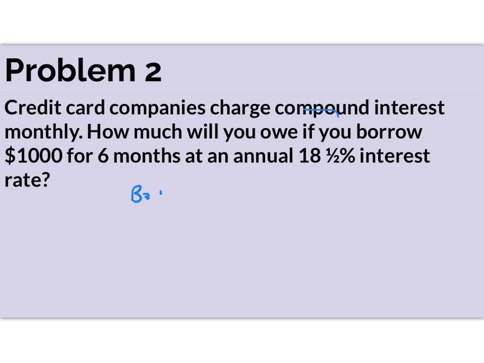Okay, looking at this one, compound interest, credit card. So we have B equals principal times 1 plus R over N to the N times T. Filling in our numbers, 1,000 times 1 plus 0.185 over... So this is compounded monthly, so that's 12 times, right there, monthly. 12 times the time, which is 6 months, 0.5. 1,000 times 1 point... This is a lot of numbers.